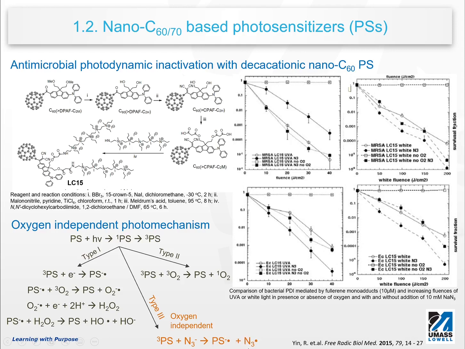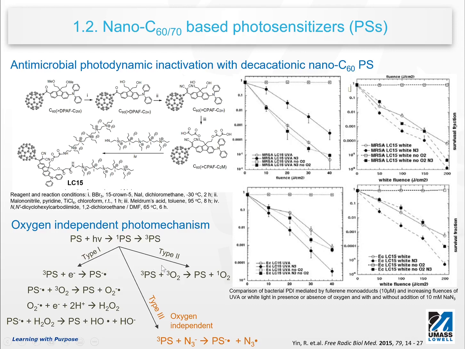And this ion radical can furthermore transfer its electron to water, then the water will be transformed to a hydroxyl radical. Then the hydroxyl radical can be used to kill the bacteria. And in this whole process, we don't need the oxygen. So it's an oxygen independent killing mechanism.